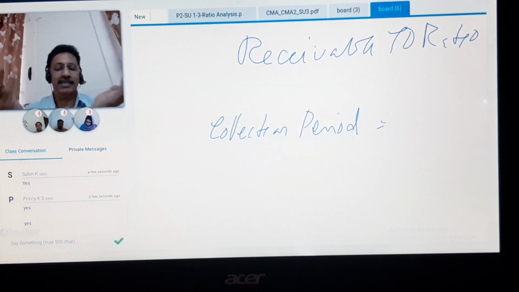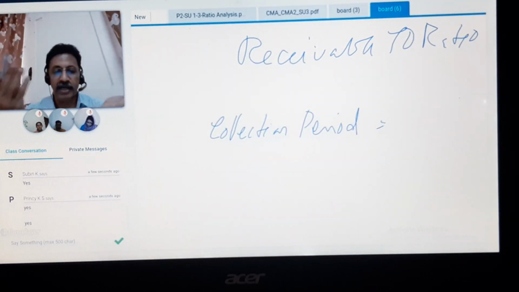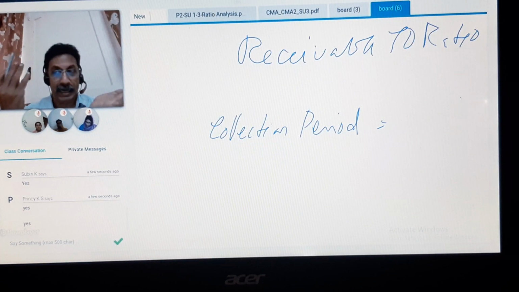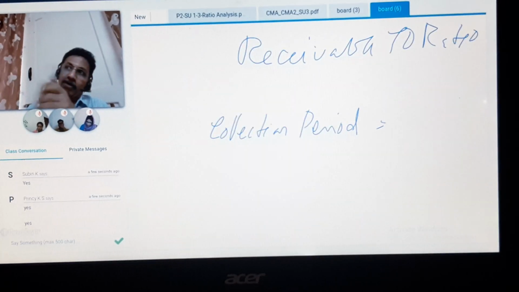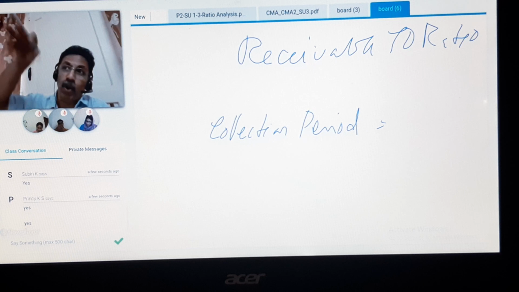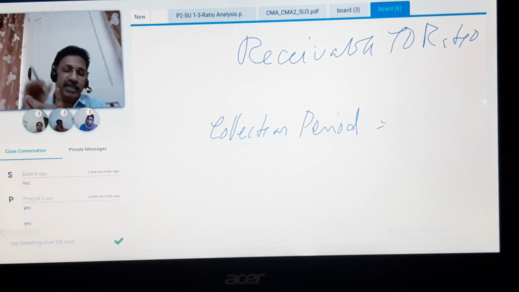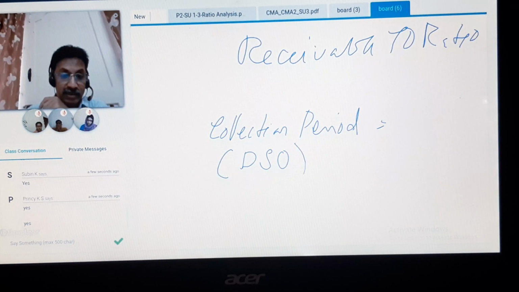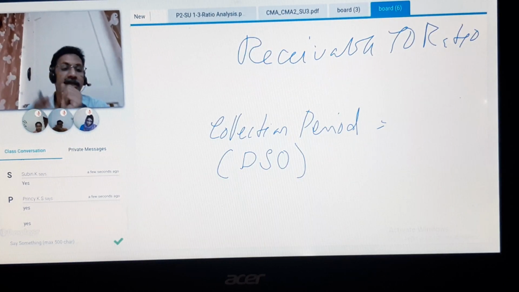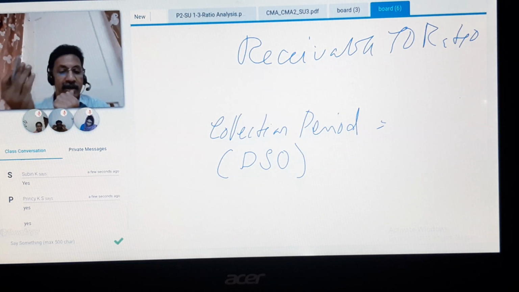How many days you really take to collect that receivable? That's the collection period. In other words, how many days of sales are blocked in that receivable? So it can also be called days sales outstanding. How many days of sales is there in the receivable?